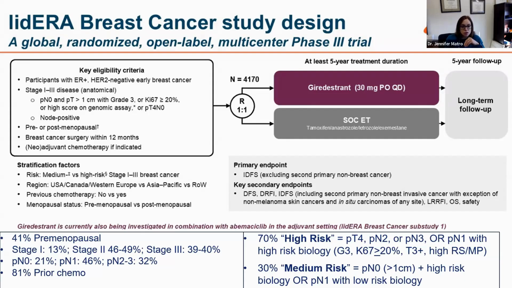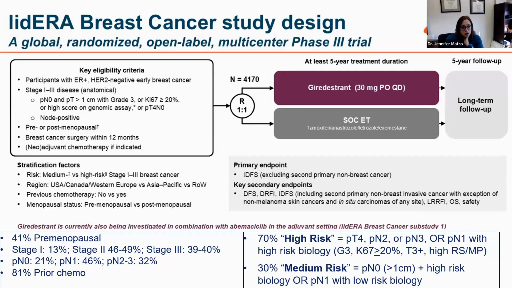So a tumor that was more than a centimeter, but also some higher risk feature, such as a higher grade, a higher proliferation index, which is the Ki67, or a high oncotype score. Or they could be node positive, and they were pre or postmenopausal, and they were randomized to the standard of care endocrine therapy, which was tamoxifen or the aromatase inhibitors, or the giredestrant for at least 5 years.